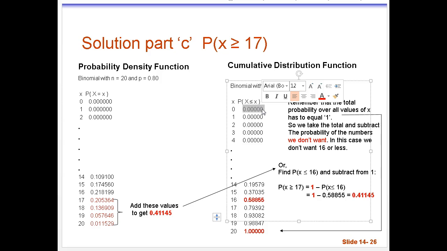By the way, you can't have negative numbers, so this is the probability x is equal to 0. This is the probability x is equal to 1 plus the probability x is equal to 0. Now, I know the answers look like they're the same number, but that's because these probabilities are so small. Minitab rounds off to 5 places after the decimal.